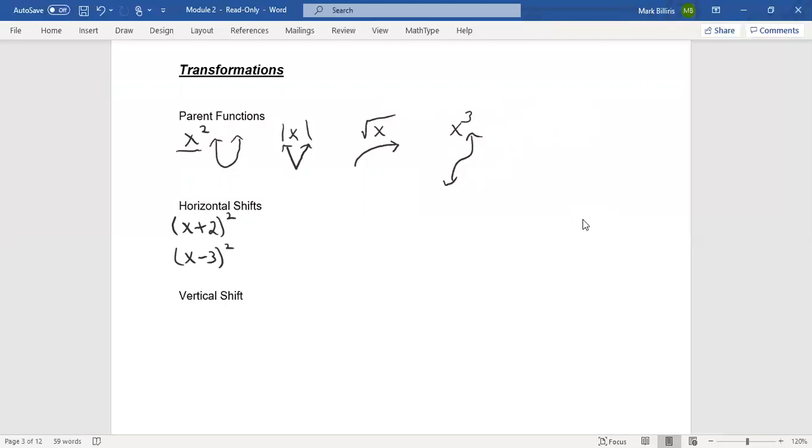So in the first example, our whole graph, our parent function, is going to shift 2 units to the left. When it's positive, it's going to be shifting to the left. And when it's negative, it's going to shift horizontally, in this case, 3 units to the right.